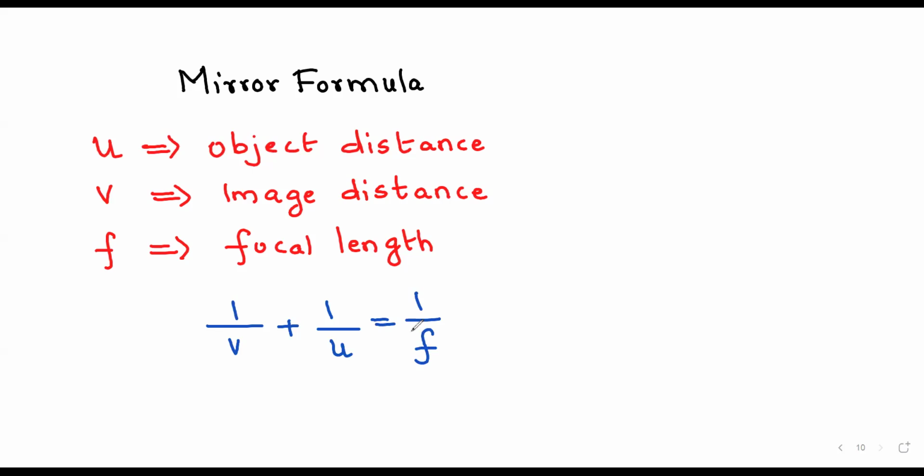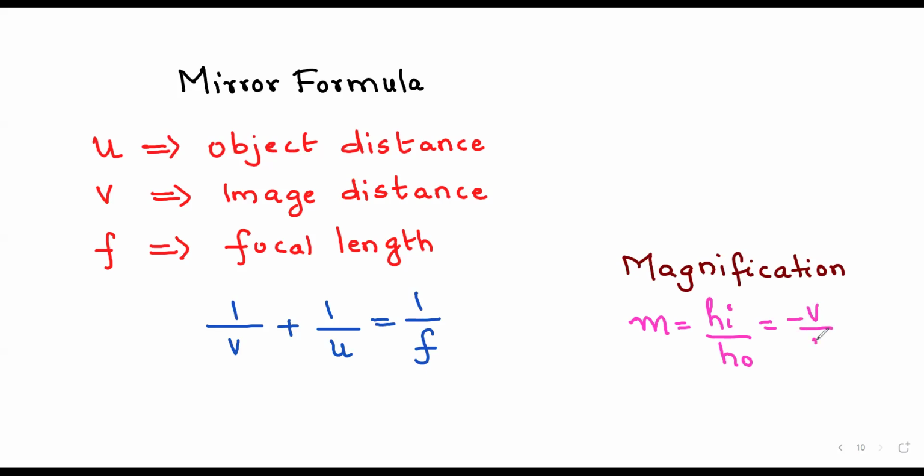Now we should learn the conventions also. But before that, there is one more term we can find in the mirror. We call it magnification. Magnification means how big the size of the image is. So magnification is HI divided by HO, and we get this as minus V by U. Basically, if magnification is equal to 1, what does that mean, children?